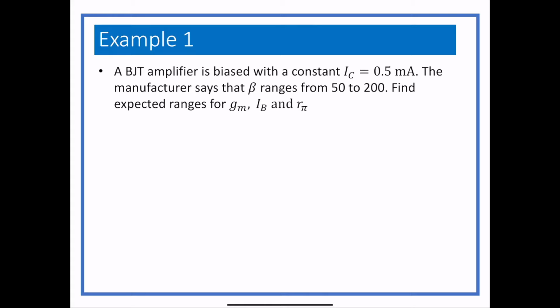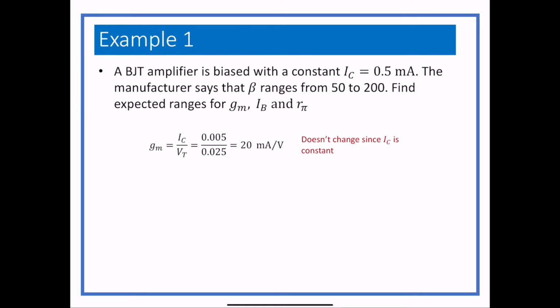We can find the transconductance really easily, and that's not going to change because IC over VT is going to be constant, since IC isn't going to change. The values that may change would be IB, and then R pi would also change because they depend on those other values.